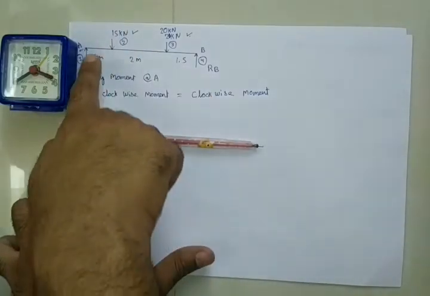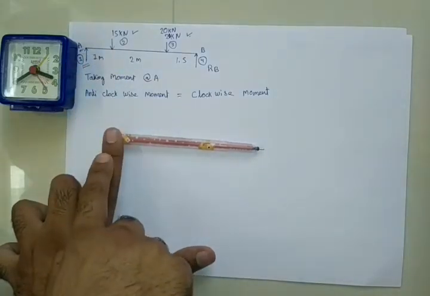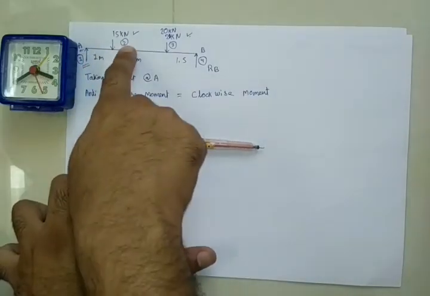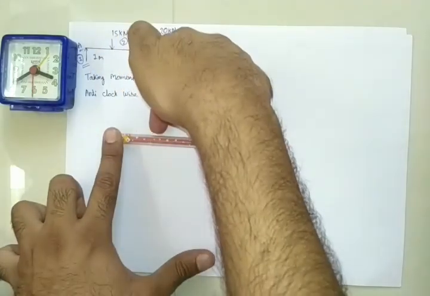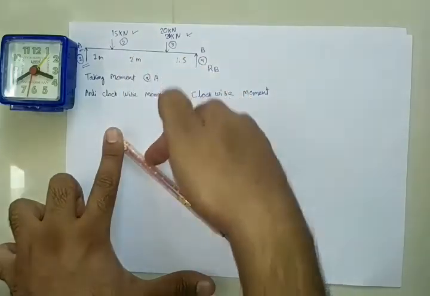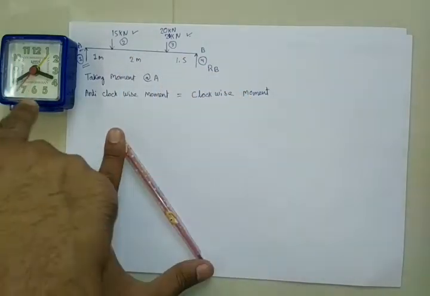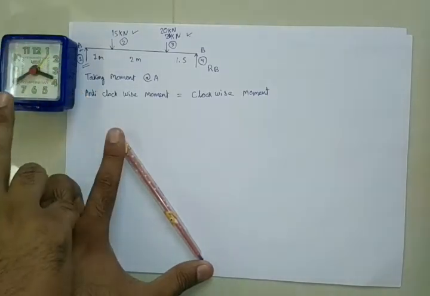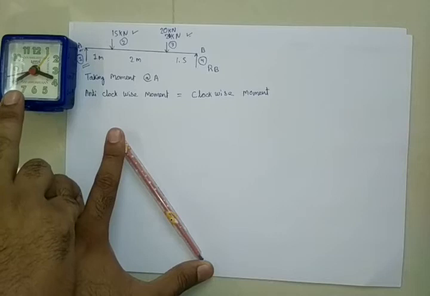Now let's say I'll not take this A in a calculation because I told you why I am not going to take it. Now from this point, it is a load of 15 kilonewton. How does it go? It goes downward. And which type of moment is this? This is a clockwise moment, right? See, this clock is working in that type of moment.